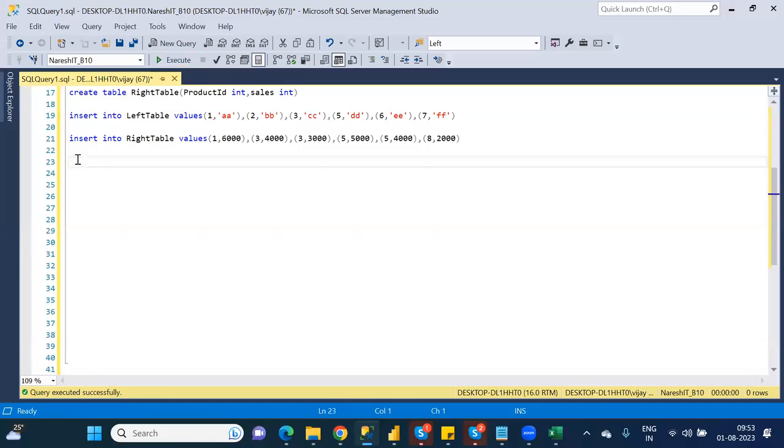What is that one? Select. In the select statement only, we can apply the joins, right? Select star from. How can you write the table name in the select statement? Select star from table name, right? Same like that only. Select star from. What is the left table here?